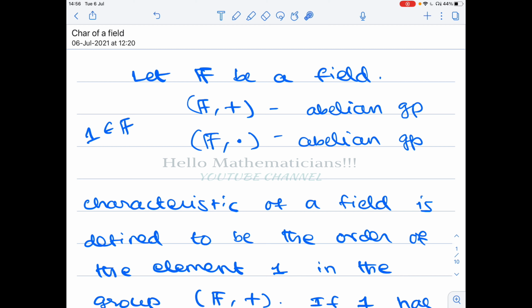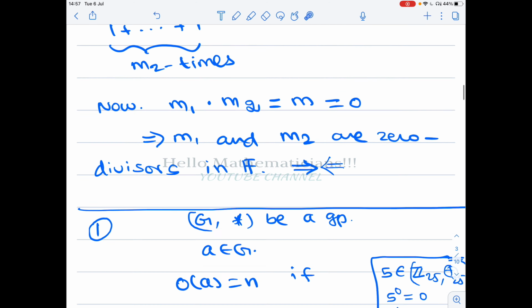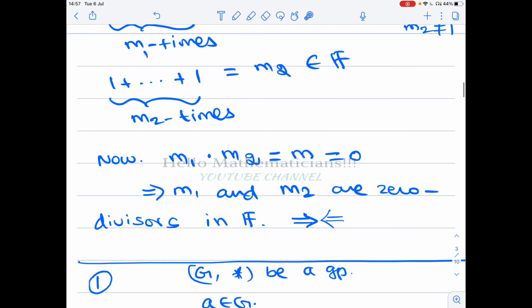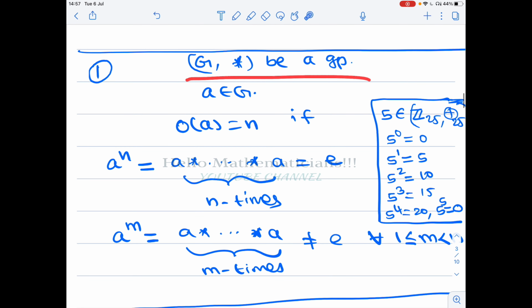Before we go further into characteristic, briefly we see what is the meaning of order of an element in a group, so that it will be very easy to understand the notion of characteristic of a field. Let G comma star be a group.